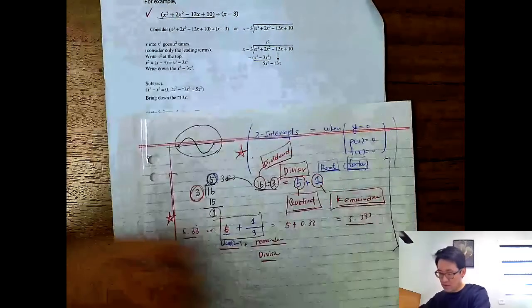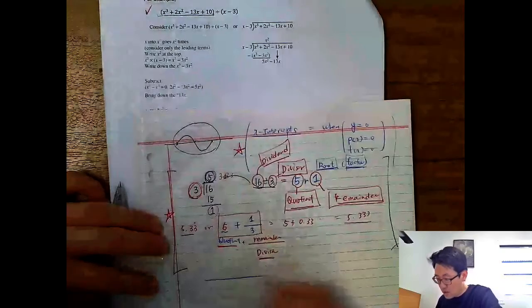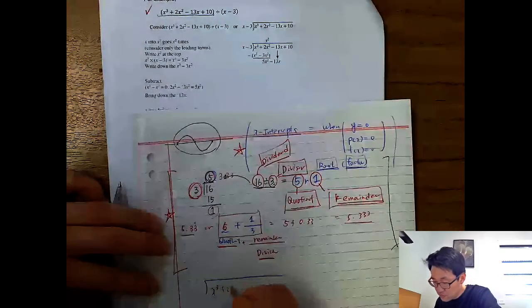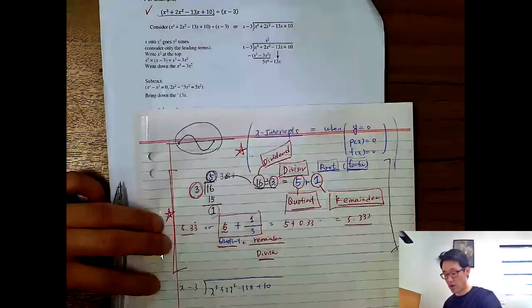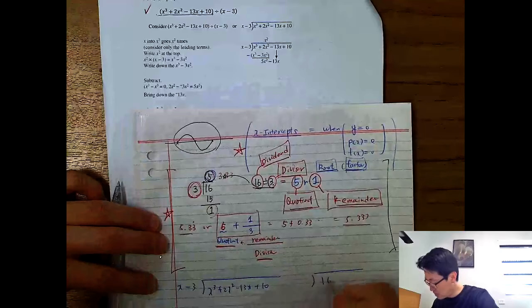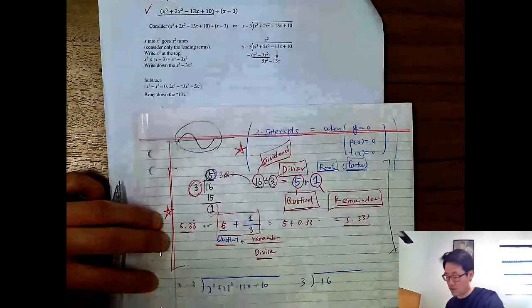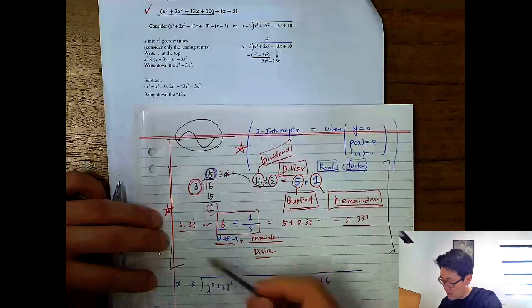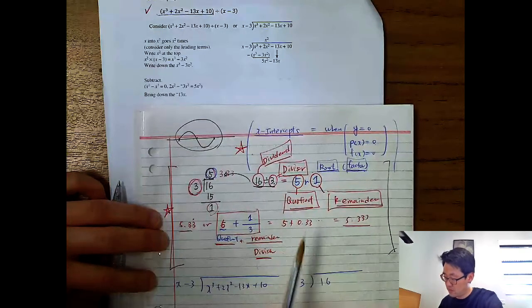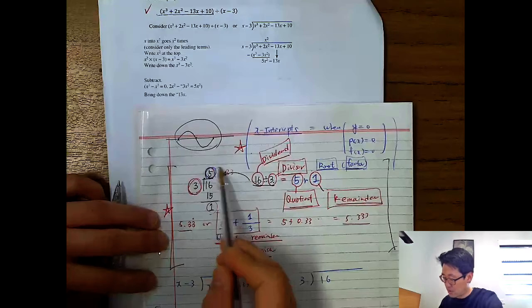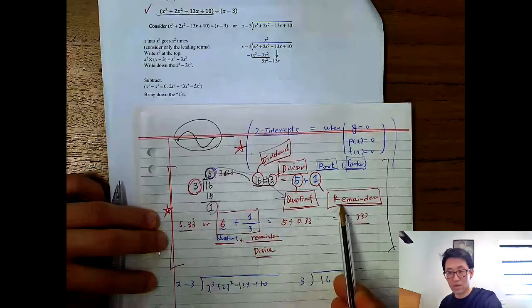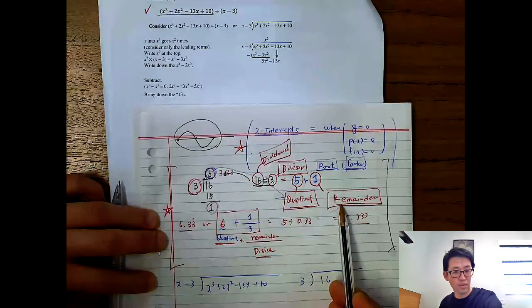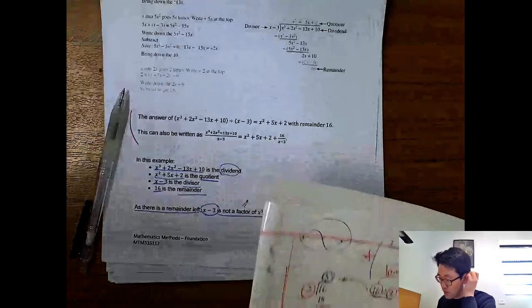Exactly the same thing, so I can write it down the same way. Whatever we get here, we call the quotient, and whatever is left, if there is any, we call the remainder. Sounds good?